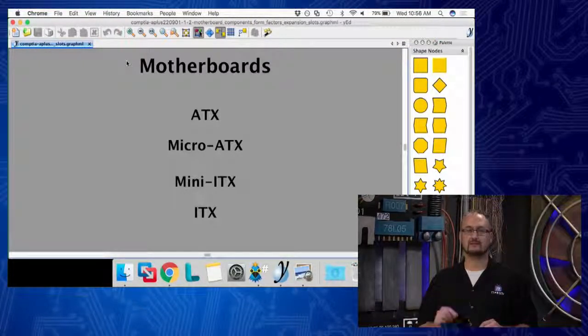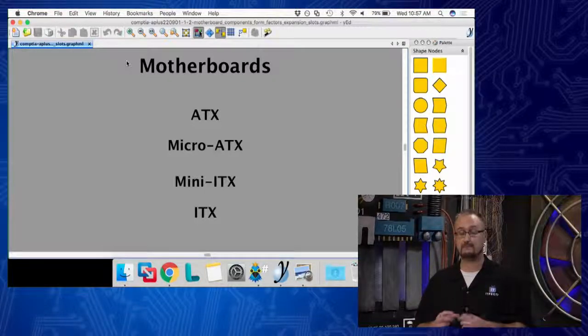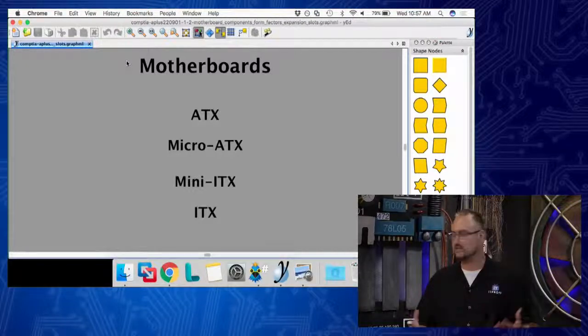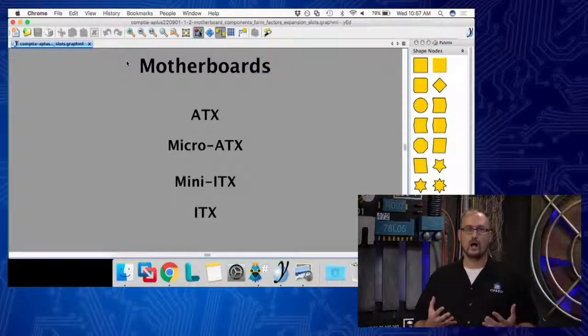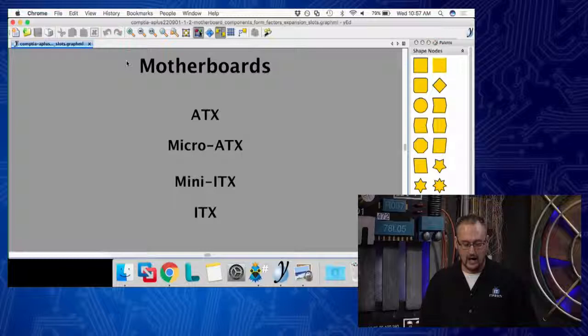Because they were primarily developed to have low-powered, low-heat CPUs in them. That's still the case today, but with CPUs getting a lot stronger, we could still do passive cooling where you might have just a heat sink, and you could even see fans in them today. Typically, with these, you only see a single expansion slot.